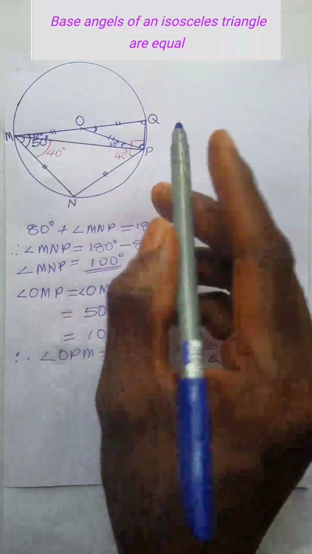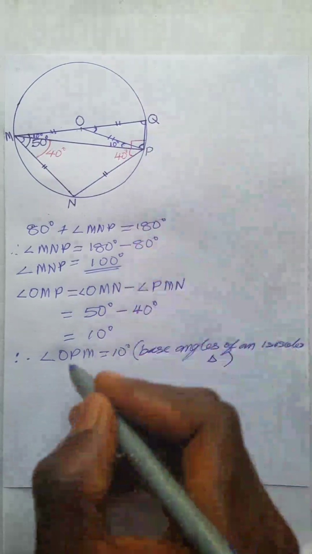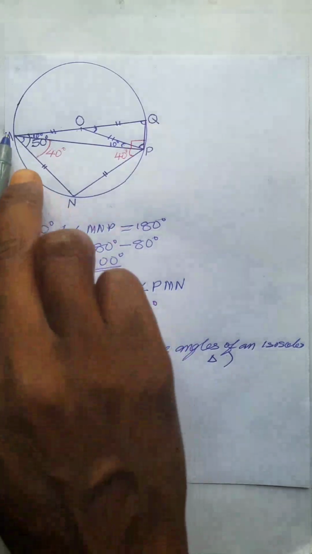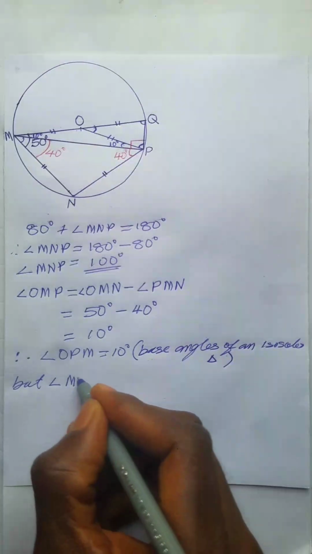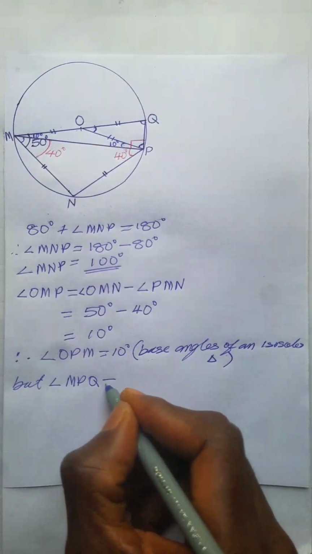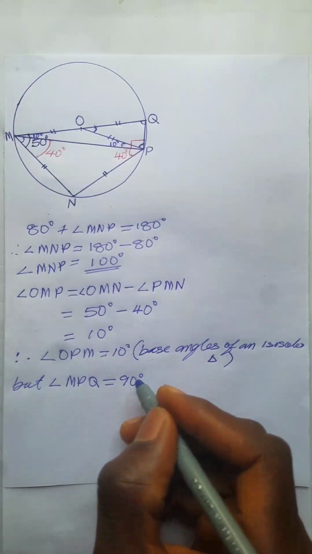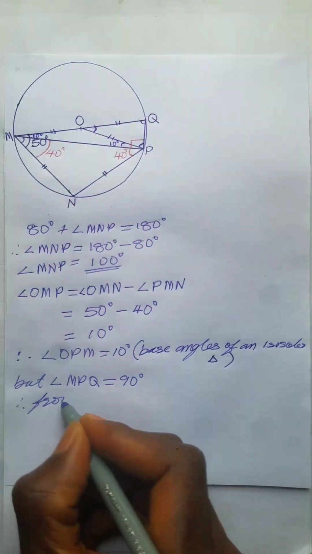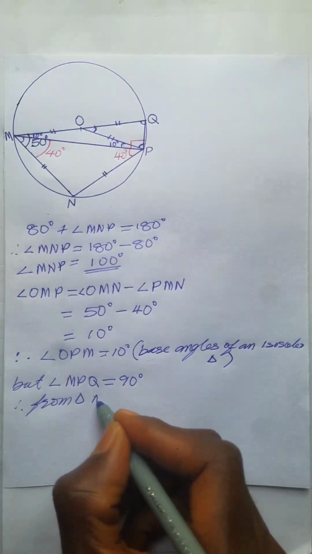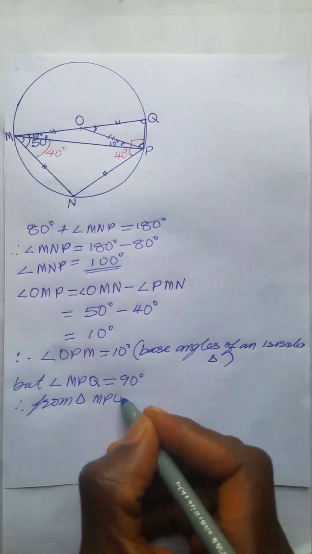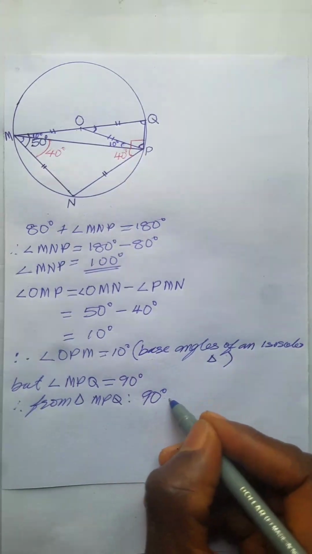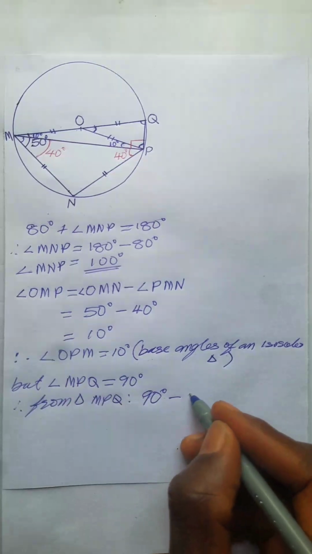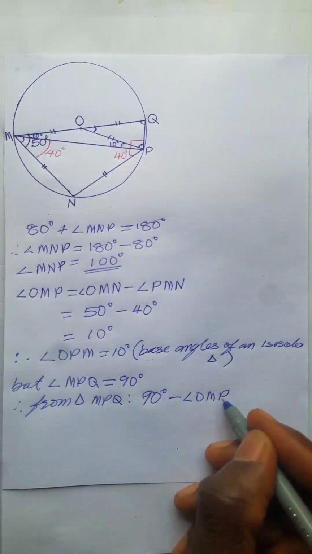Now, if this is 10 degrees, remember this is 90. So we said but angle MPQ is equal to 90, right? Therefore, we have from triangle MPQ, 90 minus this tiny angle here, we call it angle OMP.